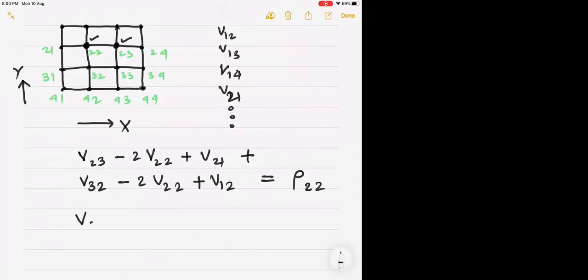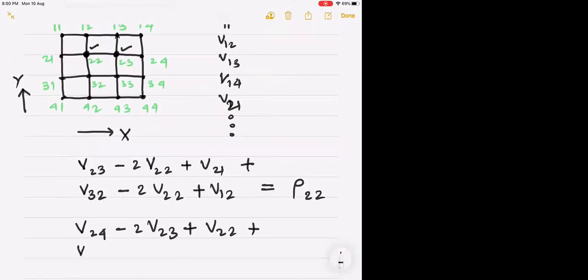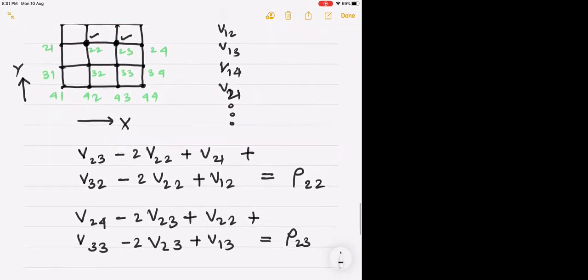Those will be V24 minus 2 times V23 plus 1 times V22, plus V33 minus 2 times V23 plus V13, that ought to be equal to rho 23. All right, that is my equation number 2.